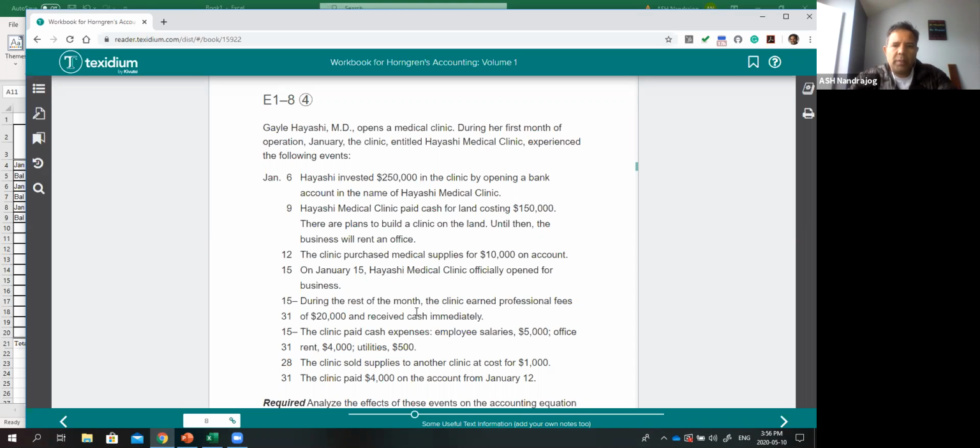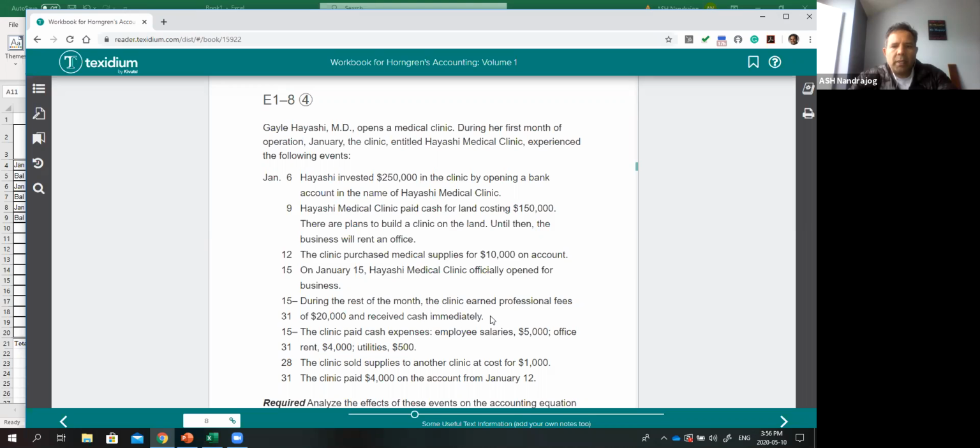So the business has earned professional service fees, which is the revenue, and for that they have received cash immediately. So for that, we would record something on the cash side, which is our cash is increasing by 20,000, and the same amount of $20,000 we will recognize as service revenue.